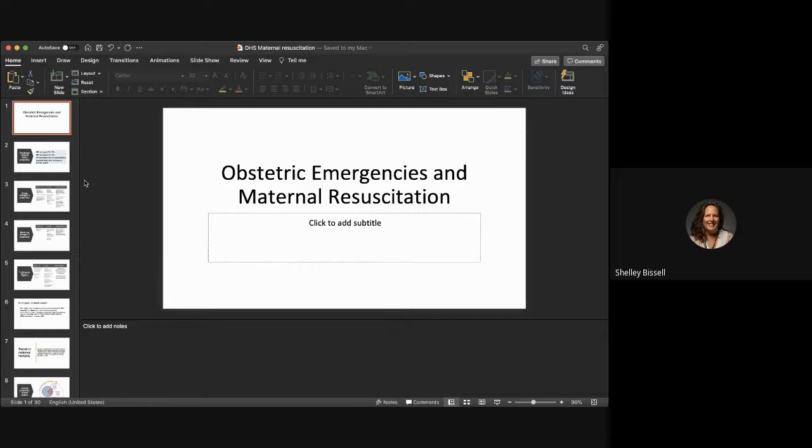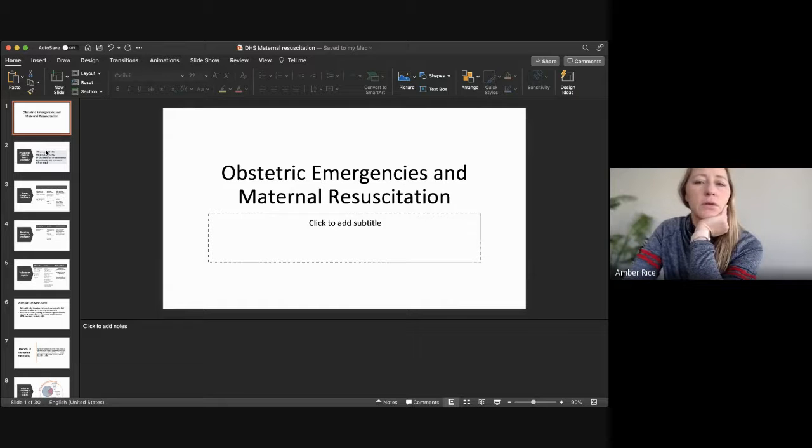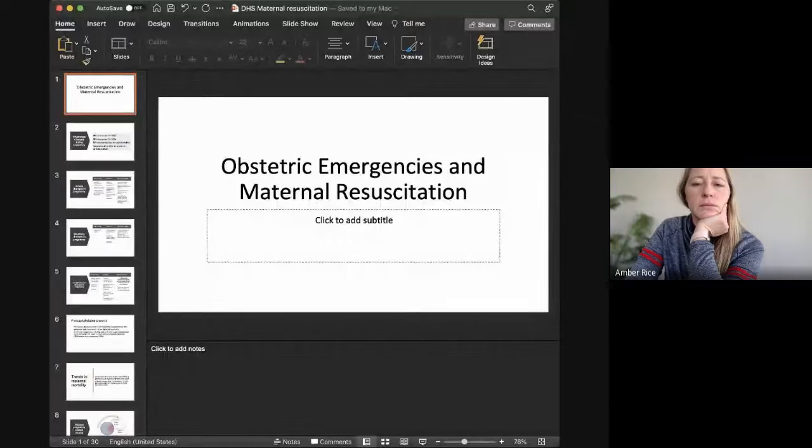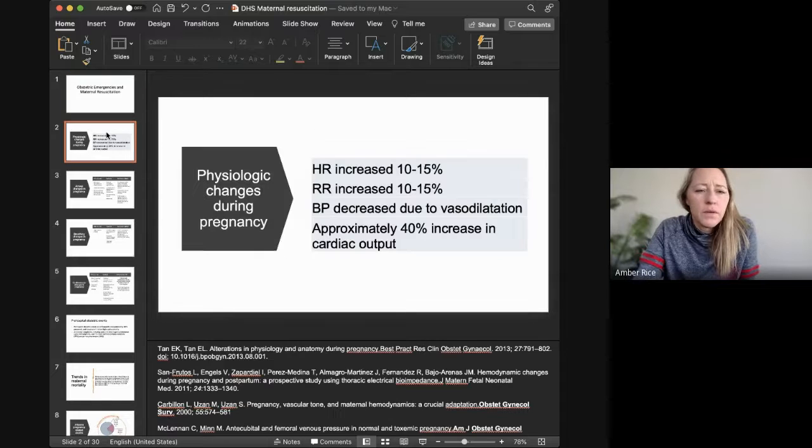Let's see here. Okay, so maybe the easiest way will be, I'll just buzz through these and then we can see if we want to add anything. What I had started with was putting in information that Matt had given me about physiologic changes during pregnancy.